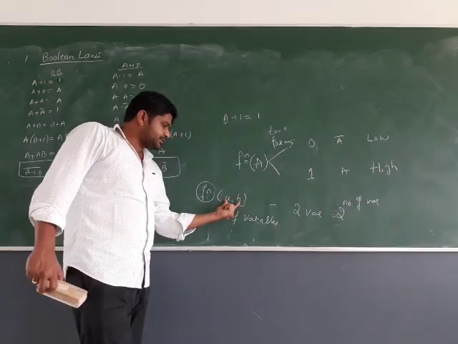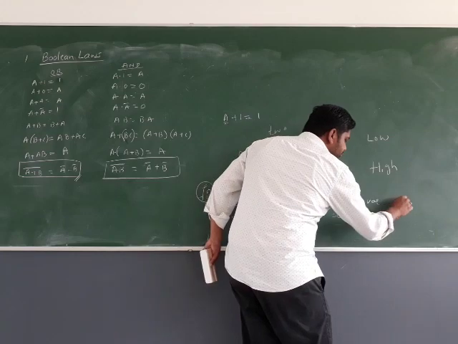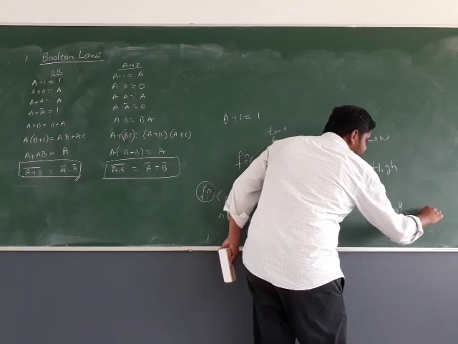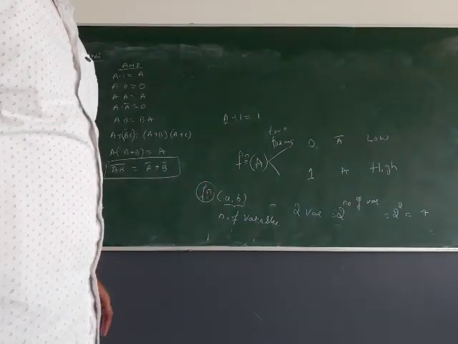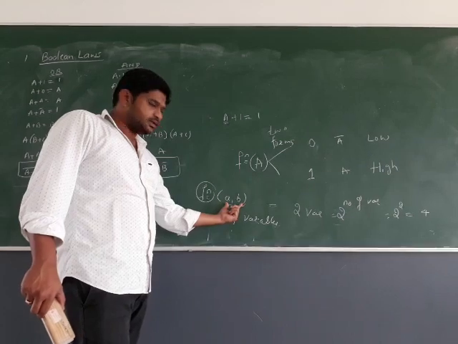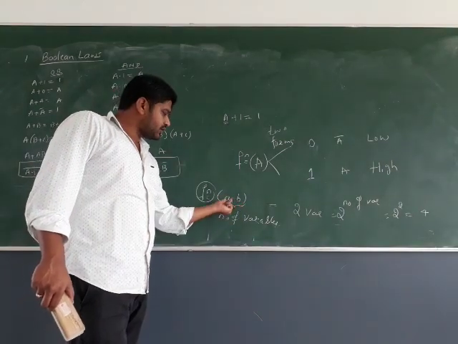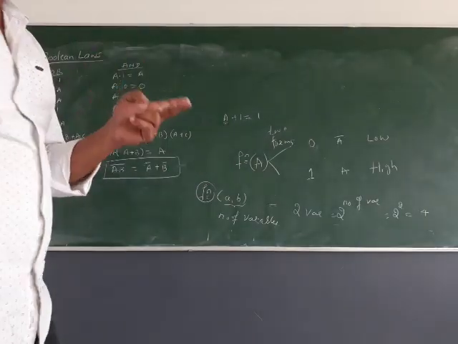How many variables here? 2. That means 2 raised to 2, that means 4. There will be 4 different combinations of AB occurring together. The word together is important. We cannot take A only and B only; they both occur together.